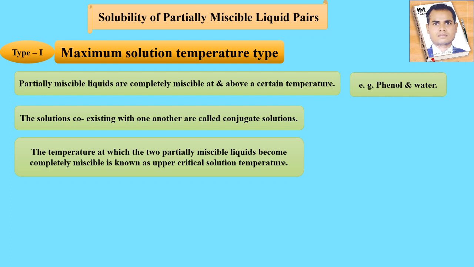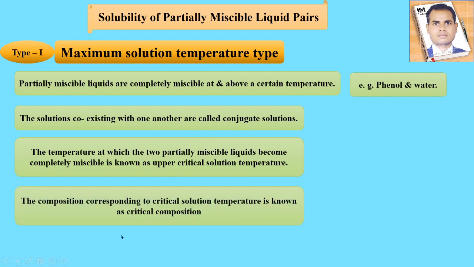At a particular temperature the two liquids become completely soluble, and that temperature is known as the upper critical solution temperature. The composition corresponding to the critical solution temperature is known as the critical composition.